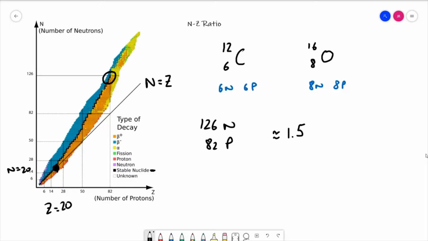Because the strong force acts over a much shorter distance, remember it only acts up to around about 3 femtometers, we need to put more and more neutrons in to increase the attractive force between all the nucleons, in order to provide an equilibrium between the repulsive force in the protons and the attractive strong force from all of the nucleons acting on each other.